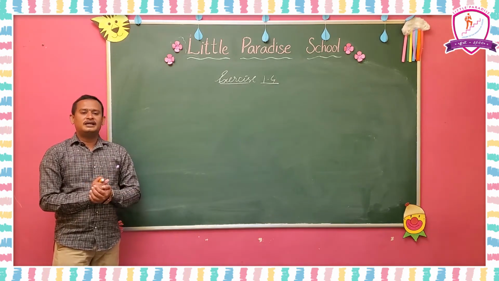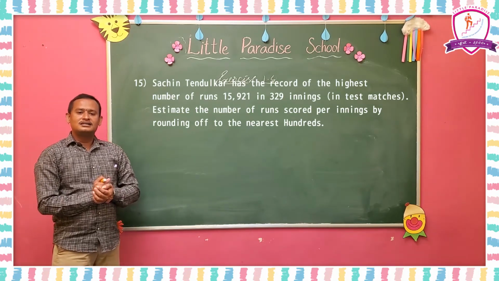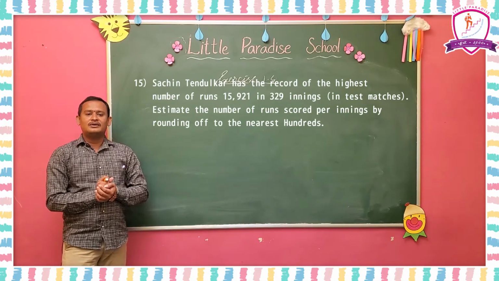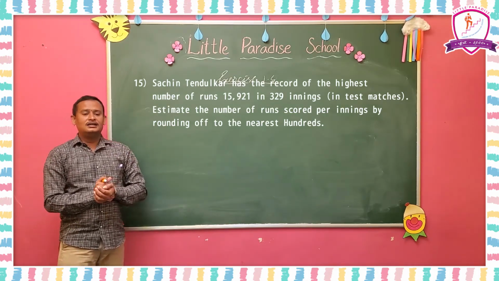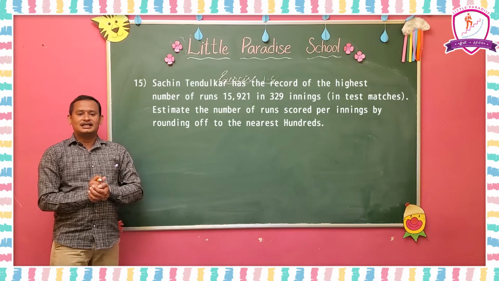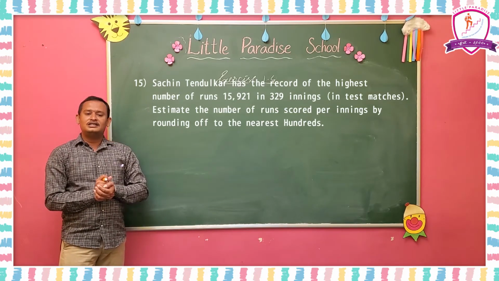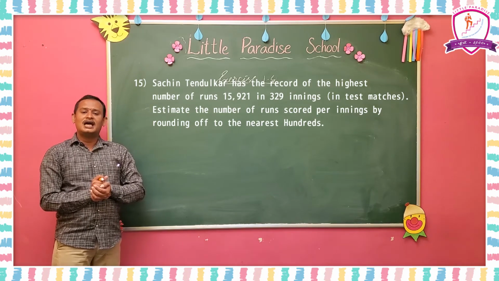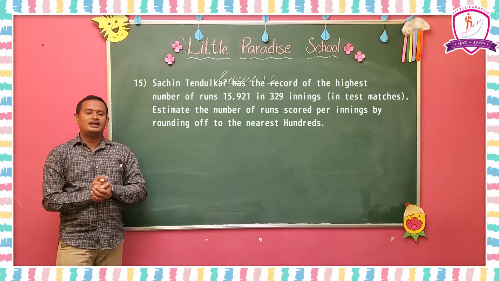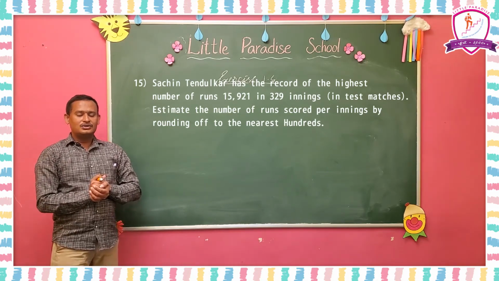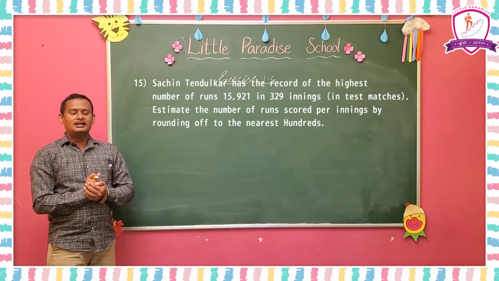Now I am going to explain the 15th one. In the question, Sachin Tendulkar has the record of the highest number of runs, 15,921 in 329 innings in test matches. Estimate the number of runs scored per innings by rounding off to the nearest hundreds. We have to find how many runs he got in one innings, so we have to do the division. First round off the given numbers and then do the division.